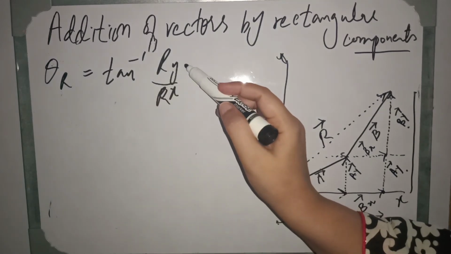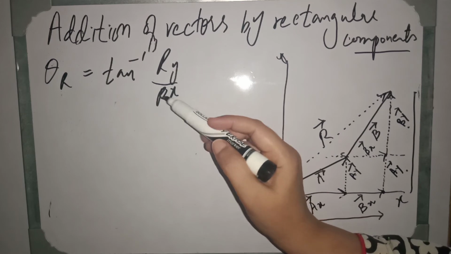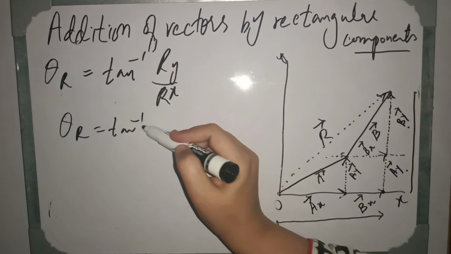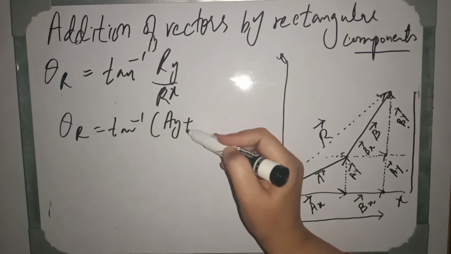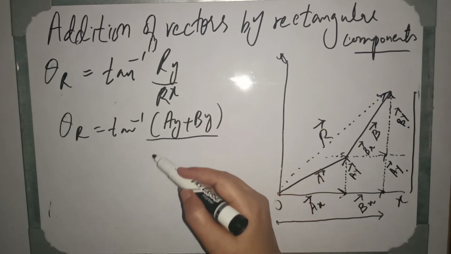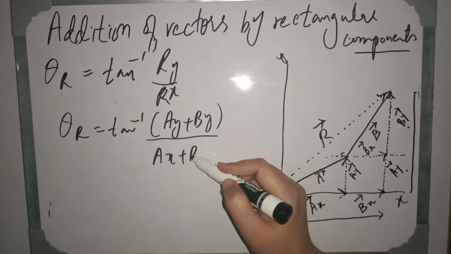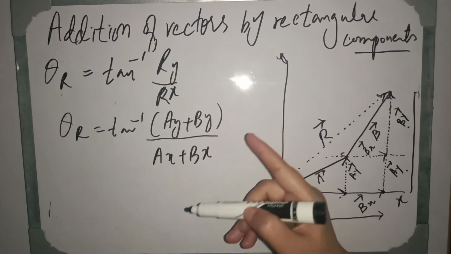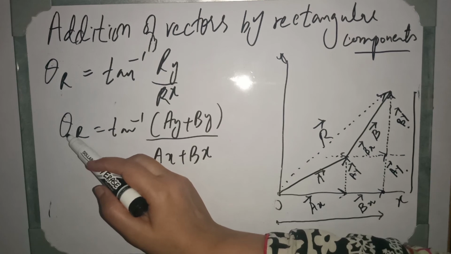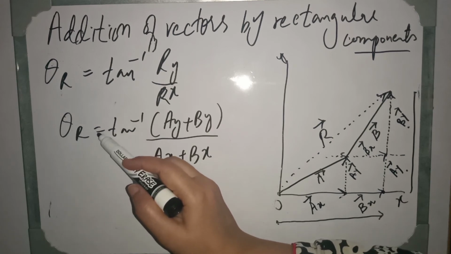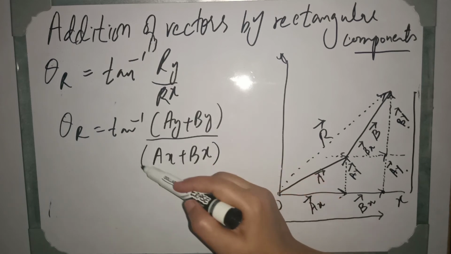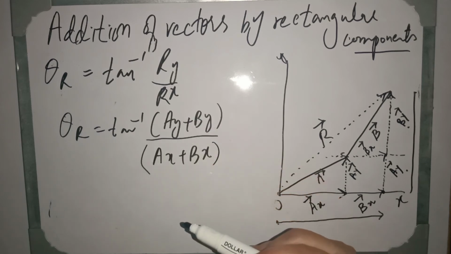Now we can again put the values of ry and rx, using ay plus by instead of ry, and using ax plus bx instead of rx. In this way we can find out the direction of the resultant, theta r, which is equal to tan inverse of ay plus by divided by ax plus bx.